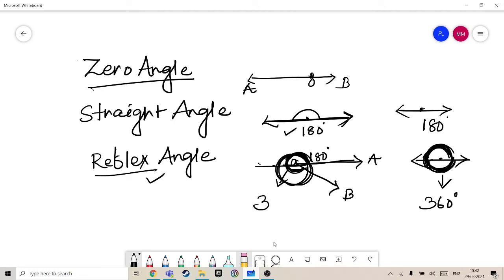If the angle is between 180 degree, this is 180 degree half, and this one is between 360 degree, not whole. If the whole, then that will be 360 degree.